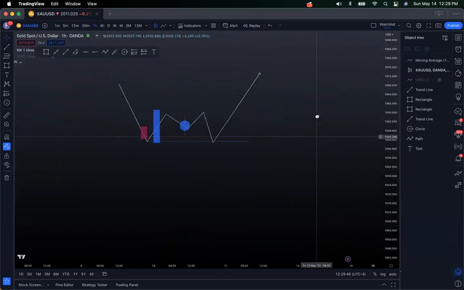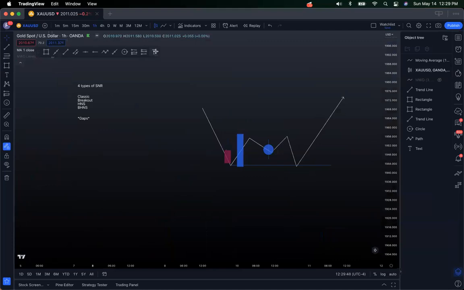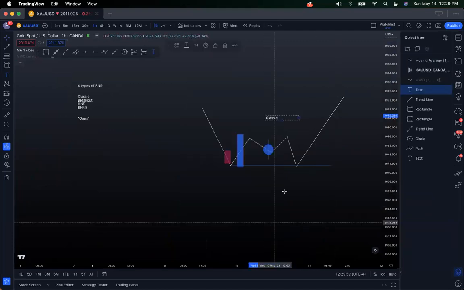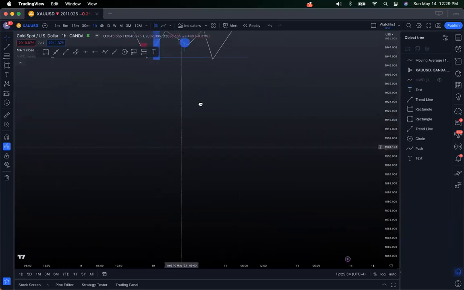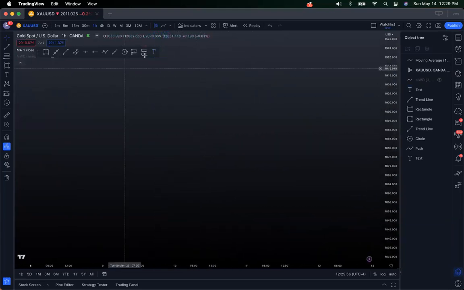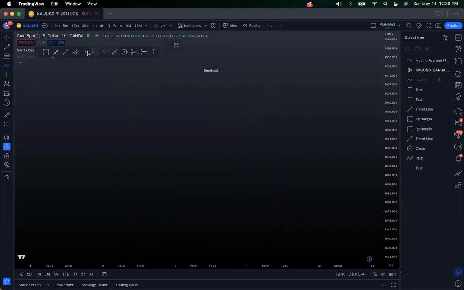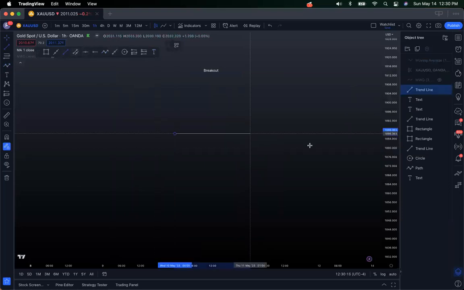Okay, so this is classic. The next one is breakout. It's a little bit different from what you normally know as a breakout. I'll show you. So you have a key level here.